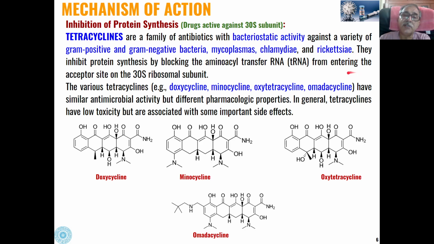They inhibit protein synthesis by blocking the amino acid transfer RNA; tRNA is prevented from entering the receptor site of the 30S ribosomal subunit. In general they have low toxicity, but they are also associated with some important side effects, as we have seen in the case of aminoglycosides.